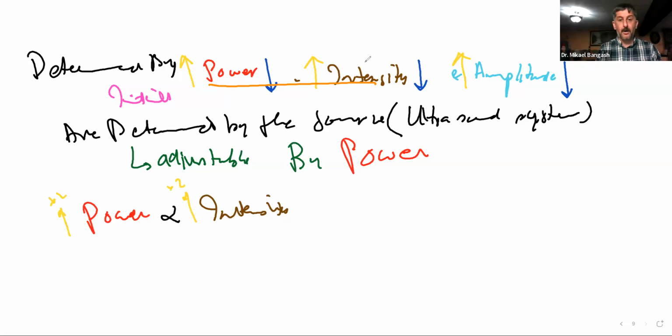If we increase the power, let's say 20 times, the intensity will increase 20 times. So does it go for the decrease. So they were directly proportional to one another. Did you girls get that?